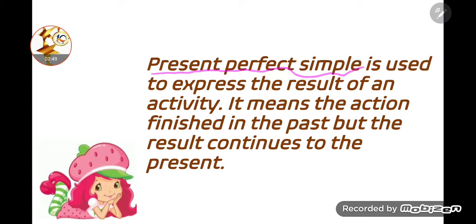It means the action finished in the past. هذا بيعني إنه الأكشن انتهى where in the past, but the result of the action or the result continues to the present time. لكن النتيجة شو مالها؟ مثل ما حكينا النتيجة استمرت إلى the present time. ومثل ما قلت لكم sometimes الاستخدام الثاني إنه مش ال result but the action or the activity itself continues to the what? Continues to the present time.